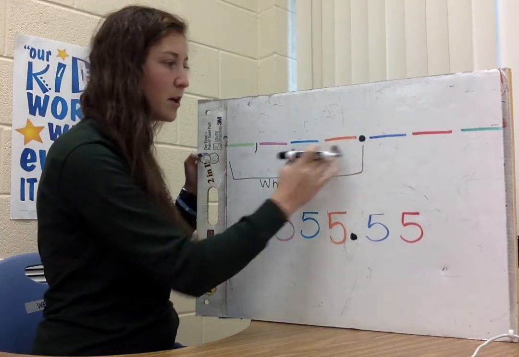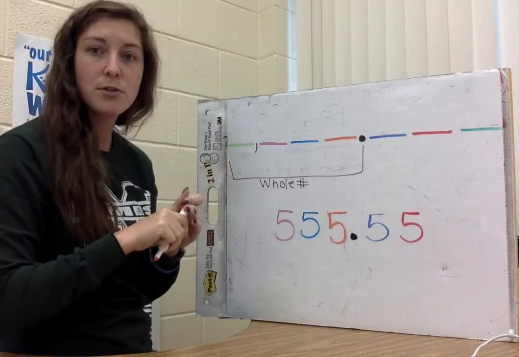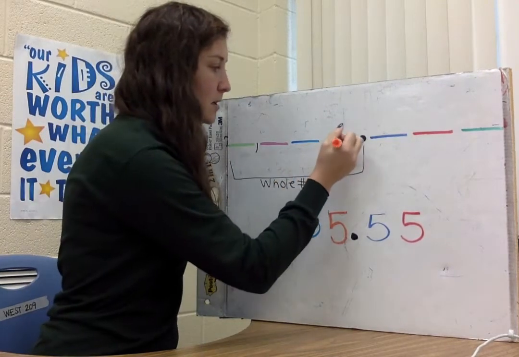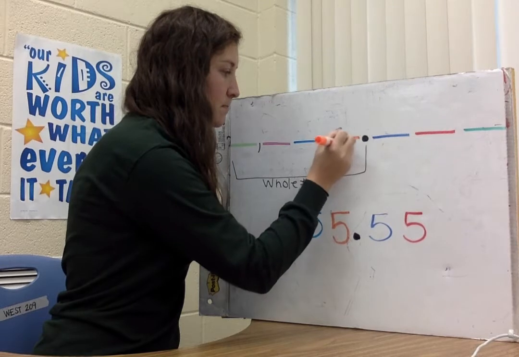That's the part we're going to start with today. I'm going to start with the orange section, because you should all know that the orange line there is for the ones place. So I'm going to list it as the ones.